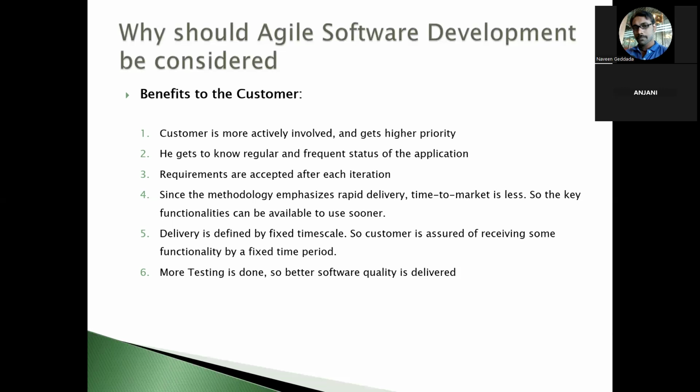The customer need not wait till the end of the project delivery line, where the project is delivered only once all the requirements are developed and ready to go live.